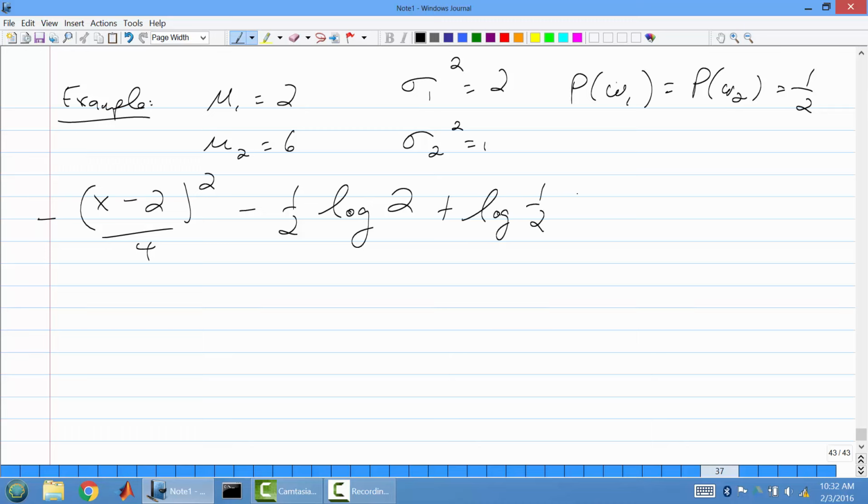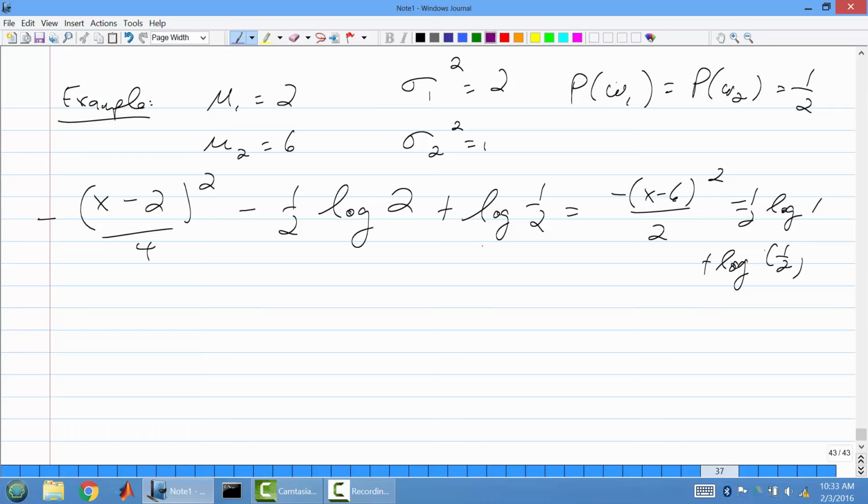And this is minus x minus 6, over 2, minus a half log 1 because of the variance, and finally plus log half.